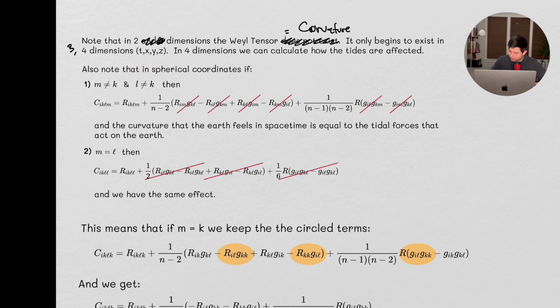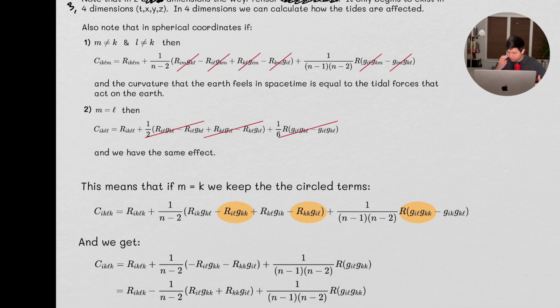And all these actually end up canceling, okay? And so the curvature that the Earth feels in space-time is equal to the tidal forces that act on the Earth, right? So the curvature, again, that's the Riemann curvature. We get this. This here is equal to that. All right, that's not super interesting.